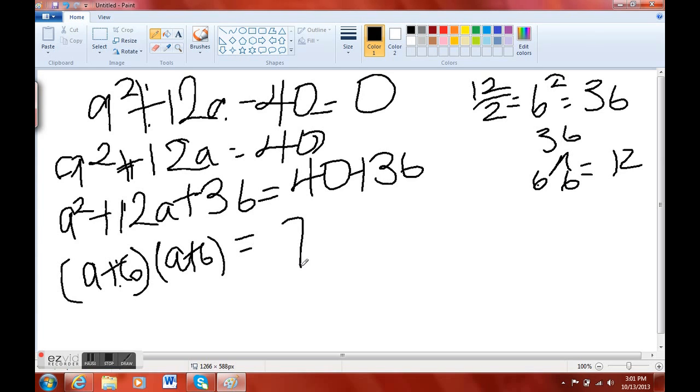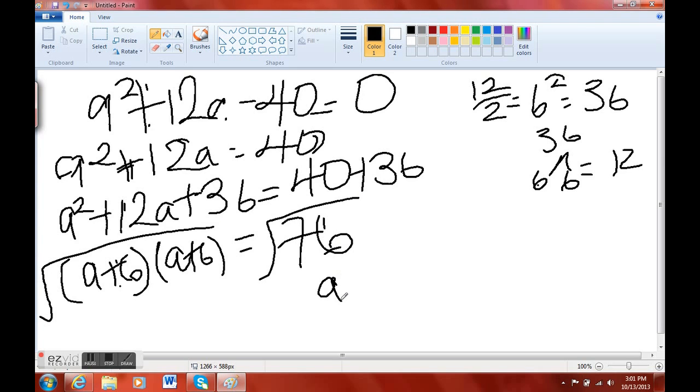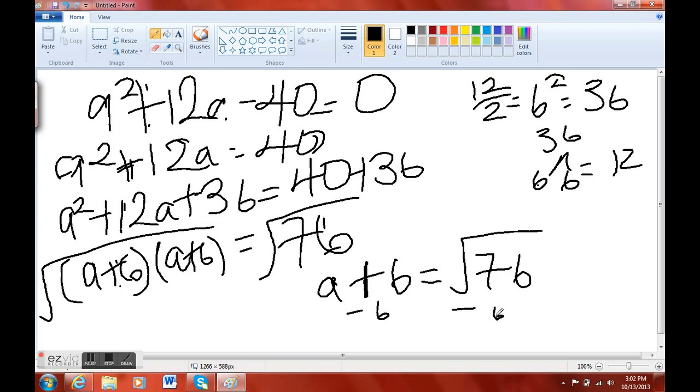So you take the square root of both sides, you're left with a plus 6 equals the square root of 76. Subtract 6 from both sides because your goal is to get a by itself, so your answer is going to be negative 6 plus or minus the square root of 76. Always remember plus and minus. And that's your answer.